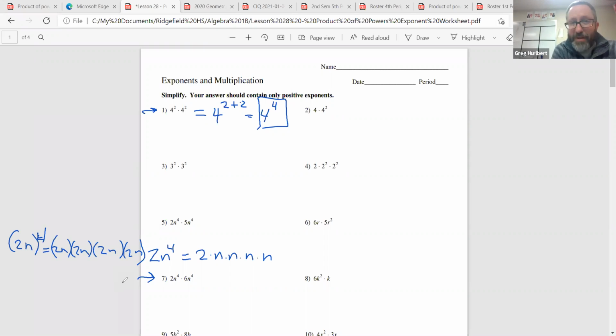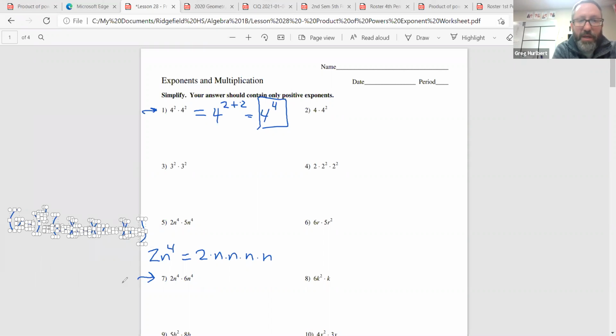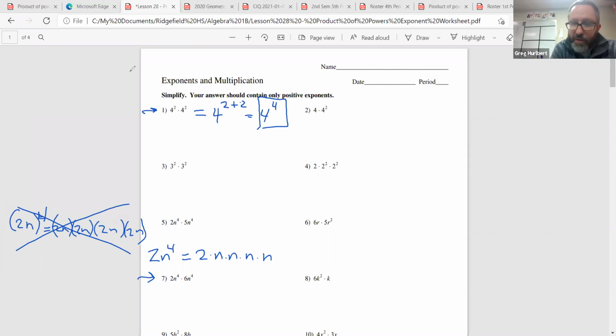So this one doesn't have those parentheses, and so this one isn't the same as the kind I was just showing you. Ours doesn't have those parentheses.